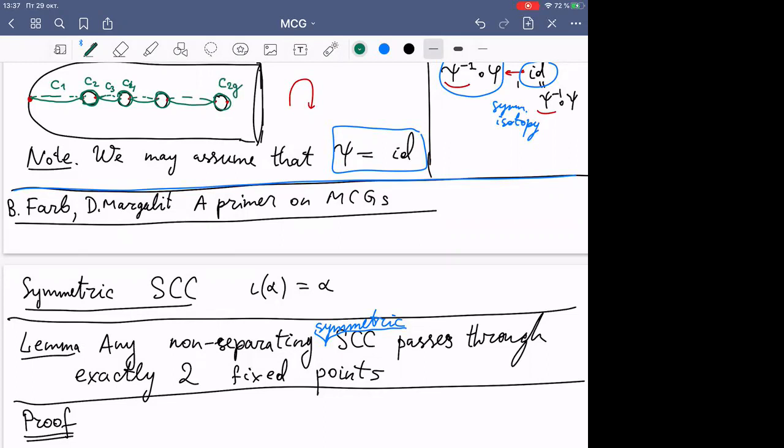I would like to consider their homology classes, so I would like to orient them. It is not very important how to orient them. I orient these curves counterclockwise.